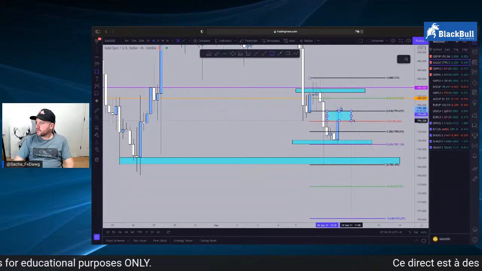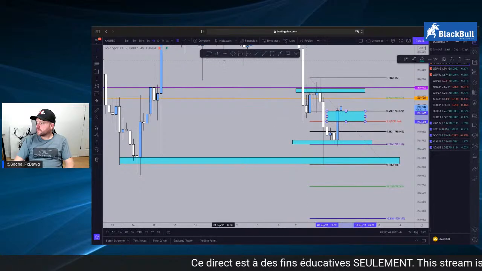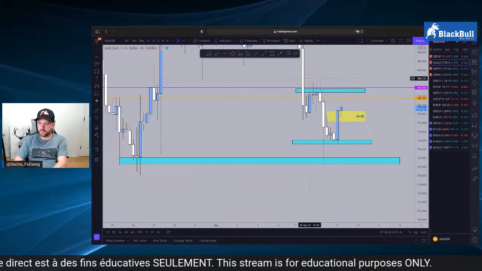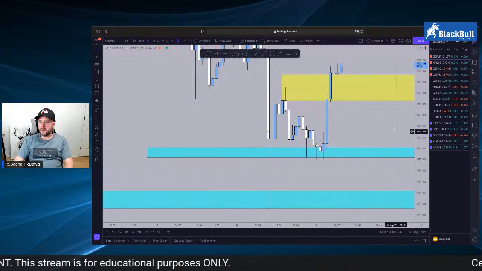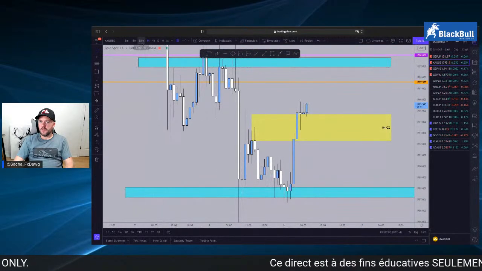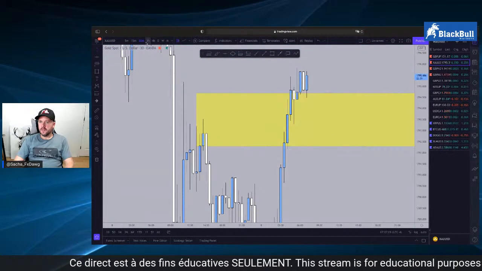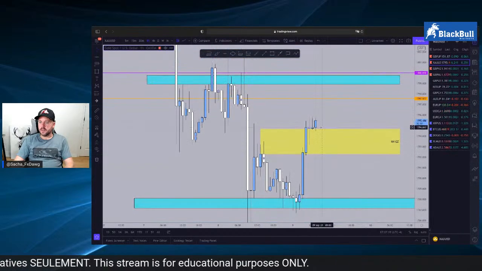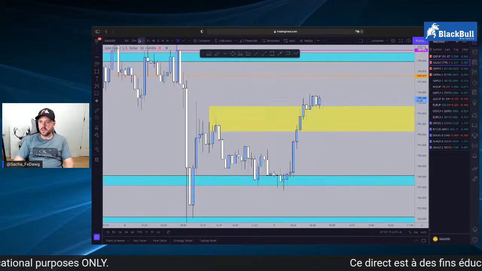And this is our H4 golden zone. There we go. Now let's go take a look at a lower time frame. Yeah, so what I want to see is resistance form in this area so we can retest this low, and we got clean traffic. So I'm going to keep an eye on this.